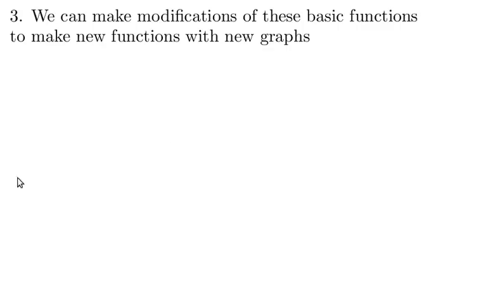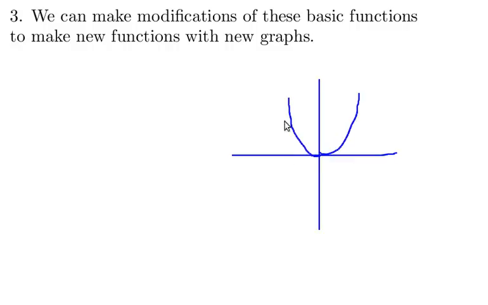So we can just take the previous graphs, like remember that we had x squared was this. We can take the basic equation f of x equals x squared, and we can make modifications to it.